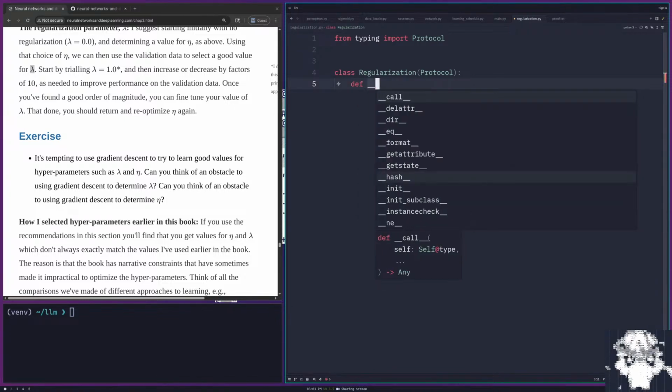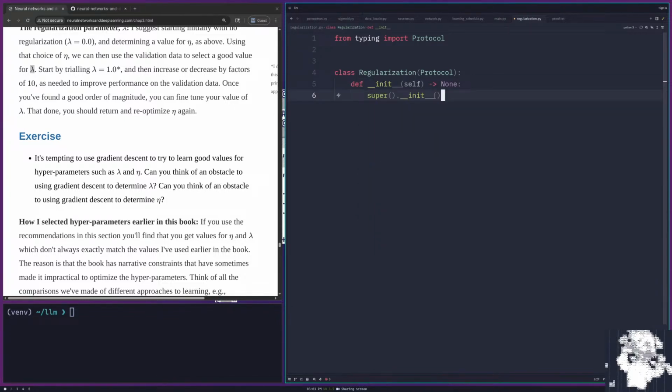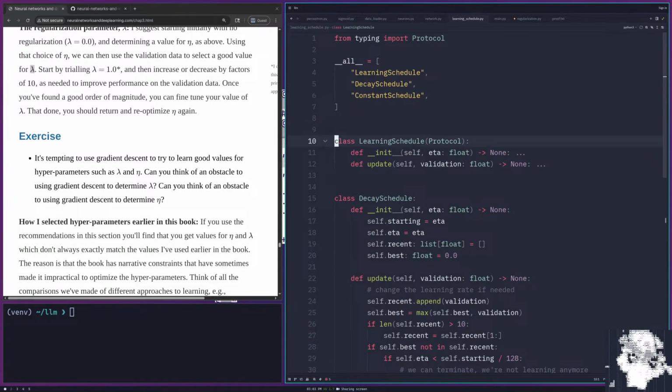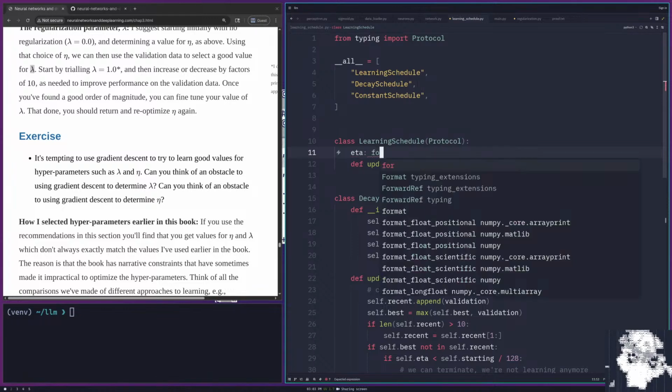It has an init. Actually, it doesn't need to have an init. That doesn't need to be part of its signature. Does this need an init? No. The only thing it needs is this.